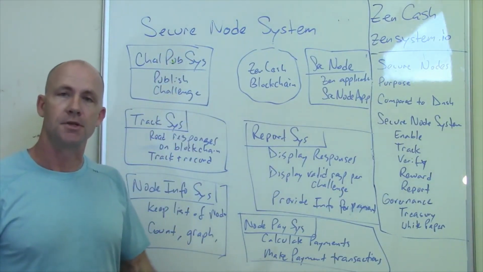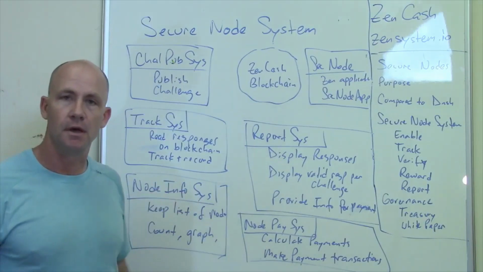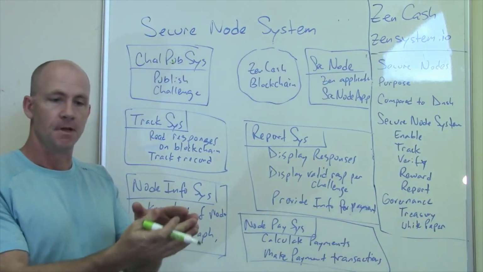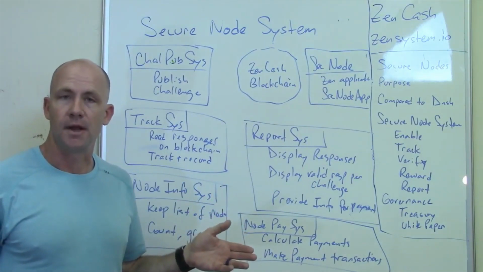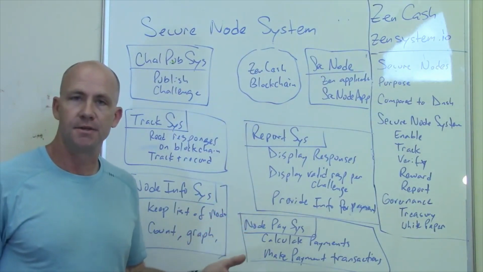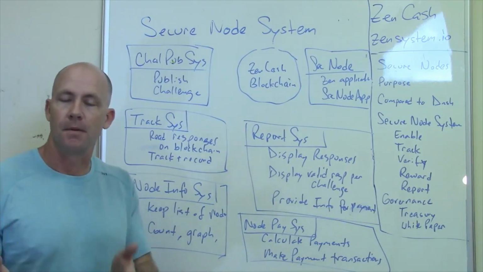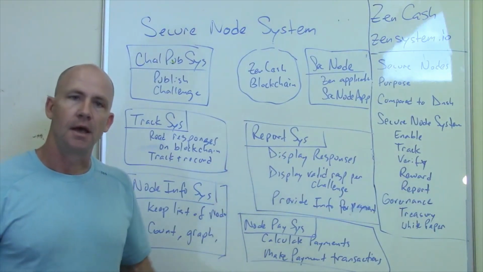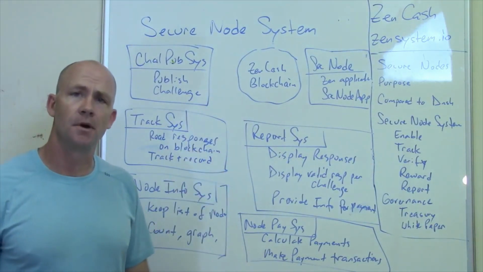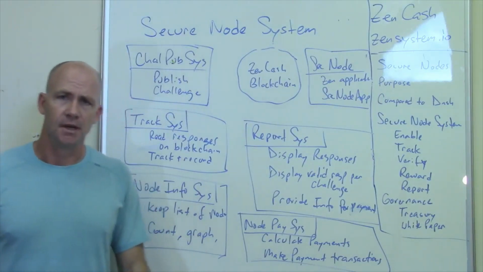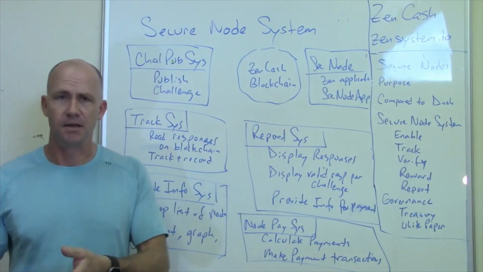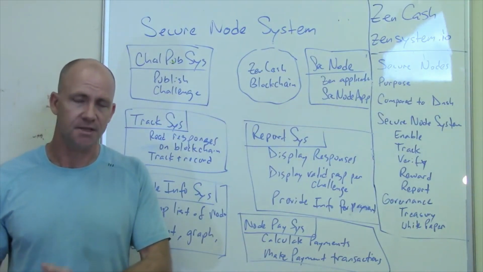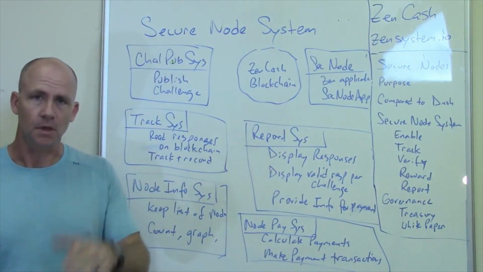The challenge, as we put in the high-level specification, is that the system will go find a transaction somewhere in the entire Zen blockchain, come up with a transaction number, and publish that transaction number. Part of the required response is to find the first Zen address in that transaction.